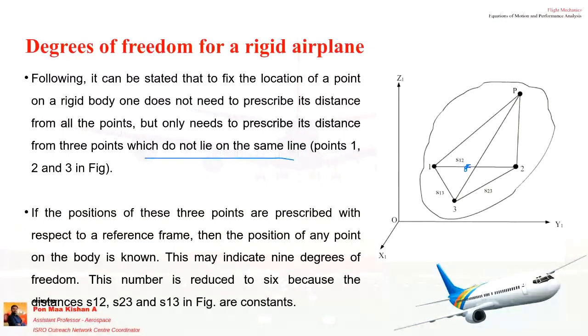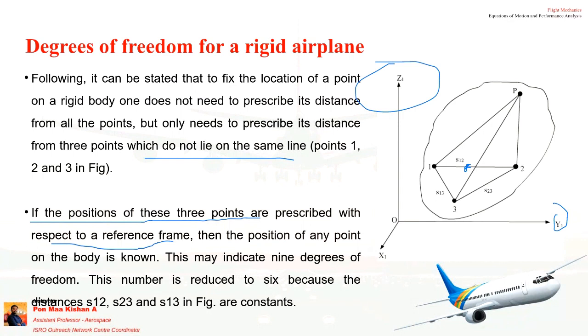Coming to the next point, if the positions of these 3 points are prescribed with respect to the reference frame, our reference frame being Y and Z, then the position of any point on the body is known.